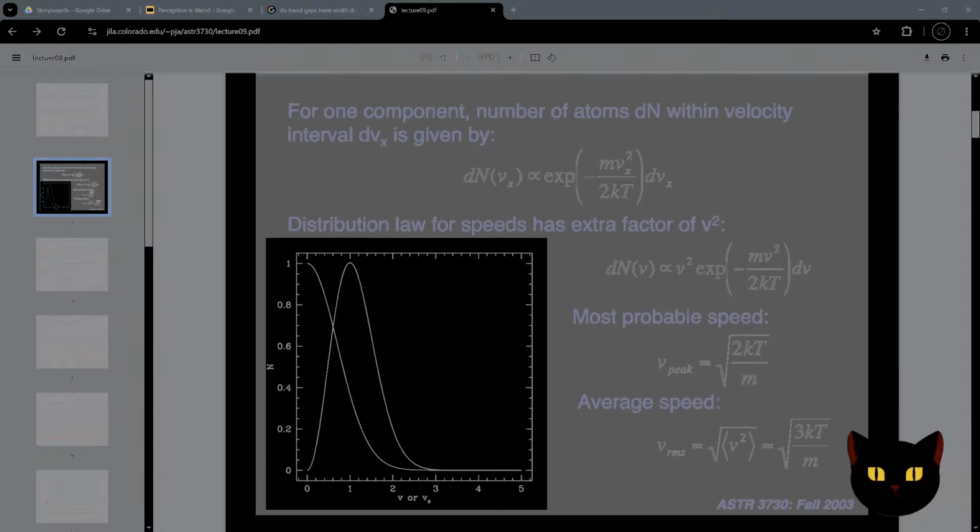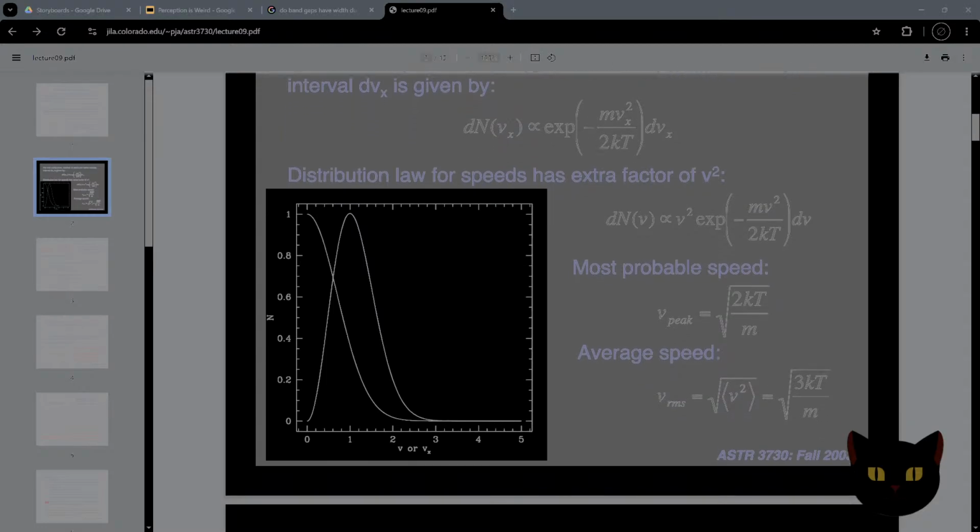I'm guessing most of you don't care about the actual distribution. What we care about is that there's such a thing as the most probable speed and the average speed.